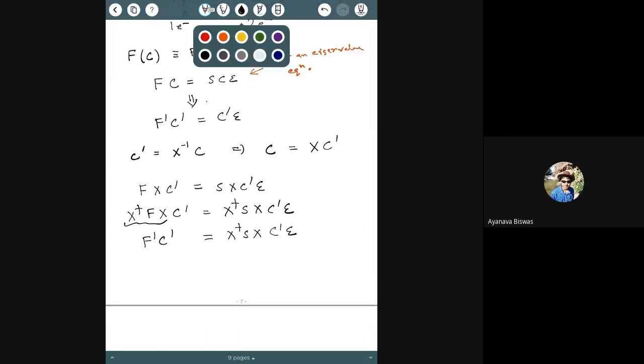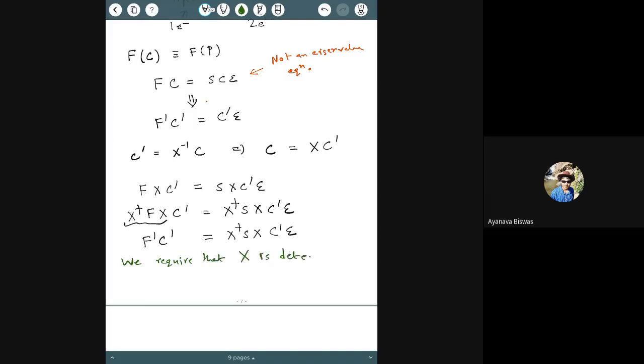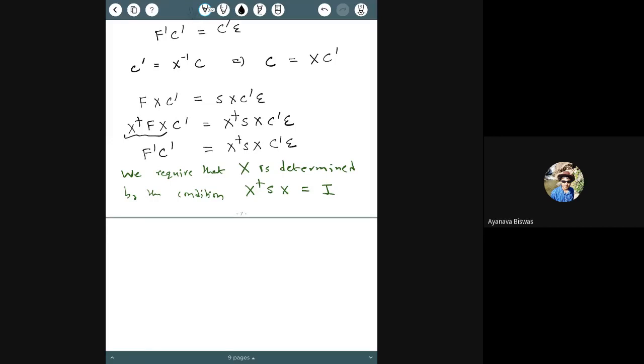And we require that x is determined by the condition x dagger sx equal to I. And if that is the case, then f prime c prime is equal to I c prime epsilon. And this is now an equation that can be directly solved.